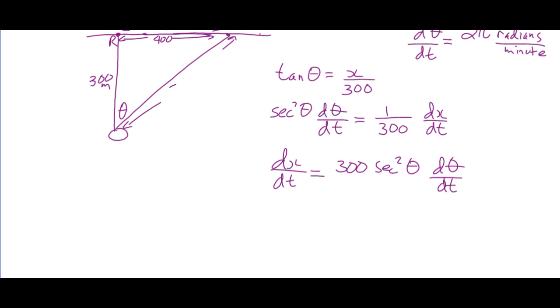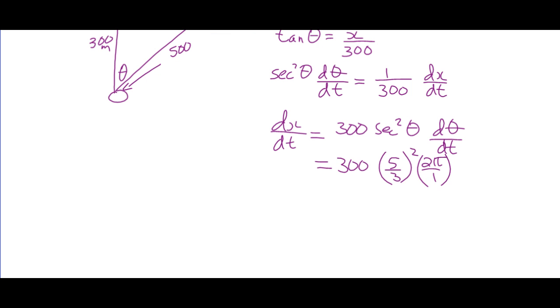So sec squared theta: secant is 1 over cos, so it's going to be 500 over 300, or 5 over 3, squared. Okay, so this will be 300 times 5/3 squared, and then we've got the 2 pi for d theta by dt.